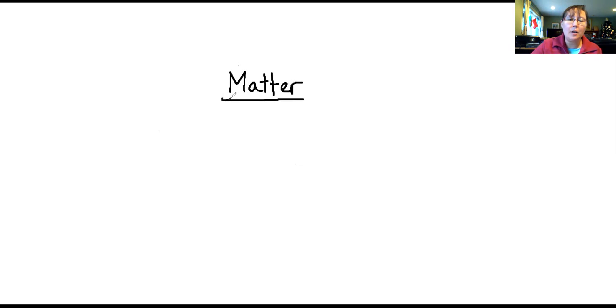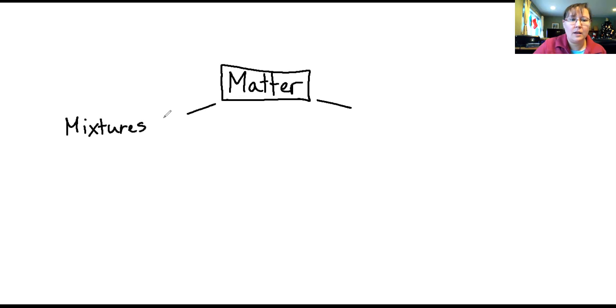Matter is broken up into some different categories, okay? So let's say that we can have a couple of different things. One is matter can be in mixtures, or it can be in pure substances.